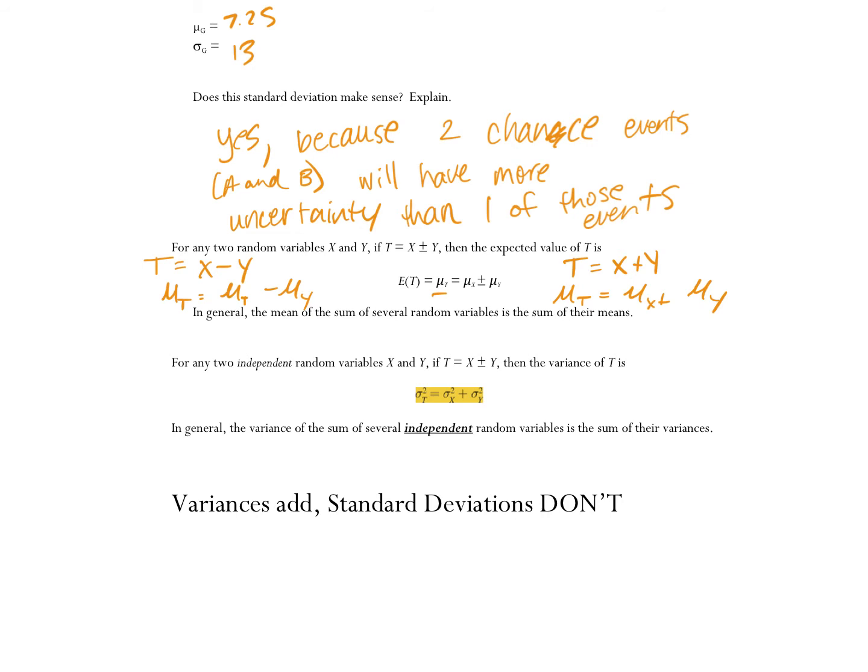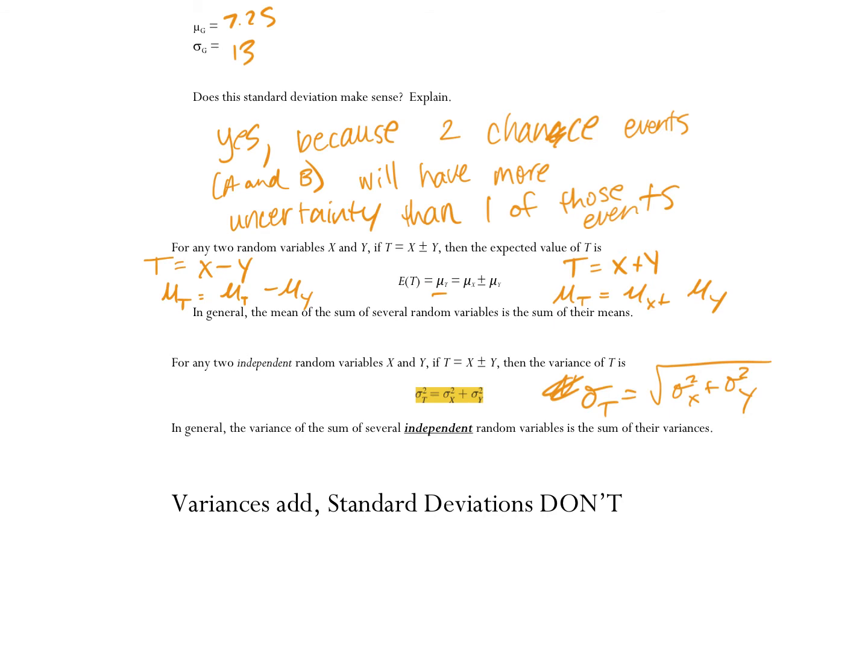But for the standard deviations, if I do x plus y, then the standard deviation of t will be the square root of the standard deviation of x squared and the standard deviation of y squared. Pythagorean theorem of statistics. It's always the square root of a sum of squares.